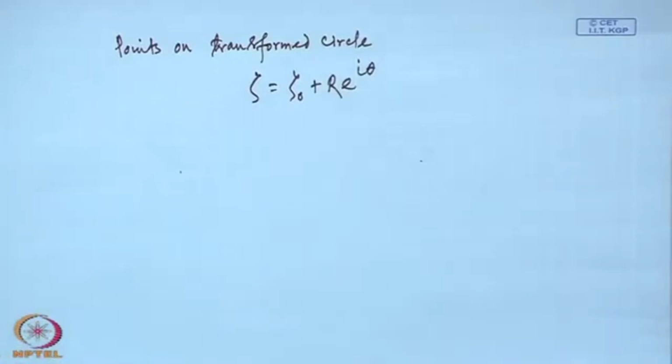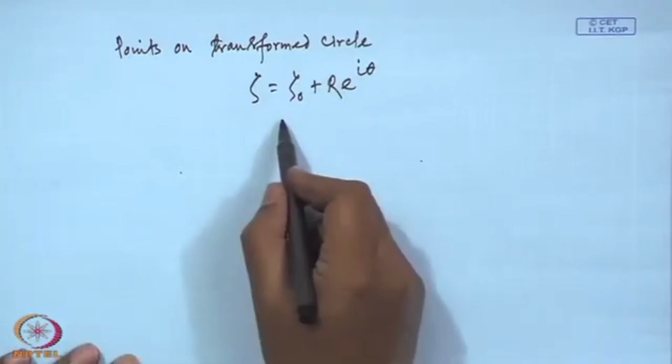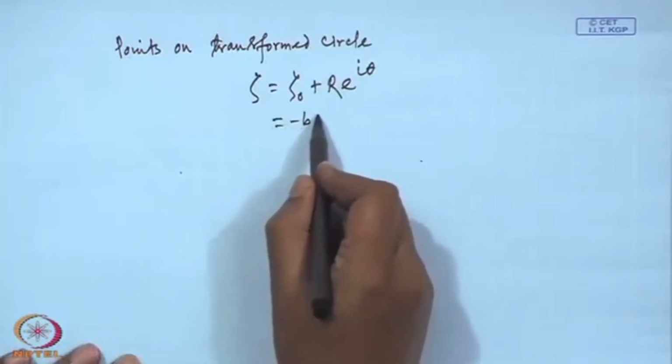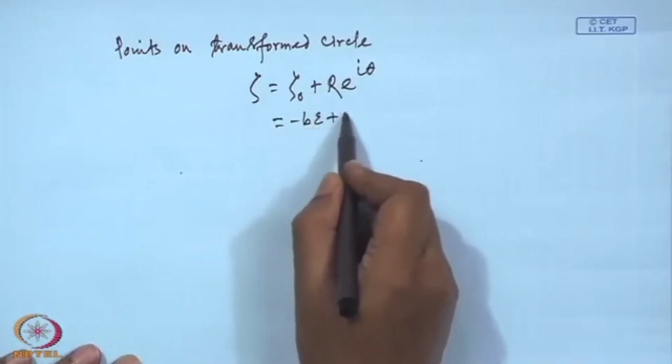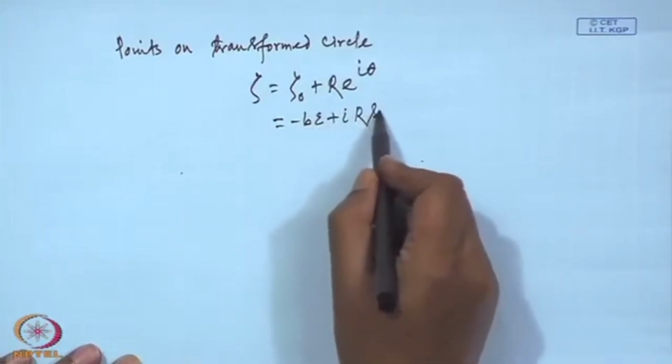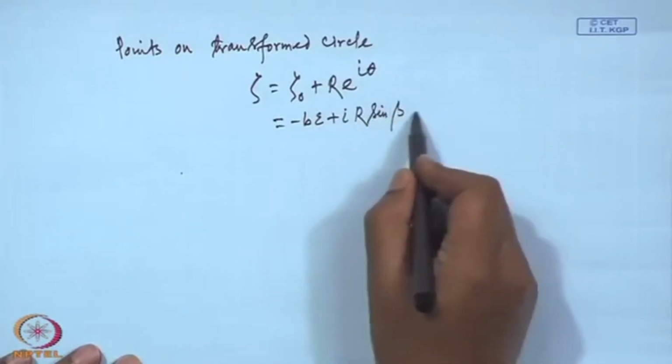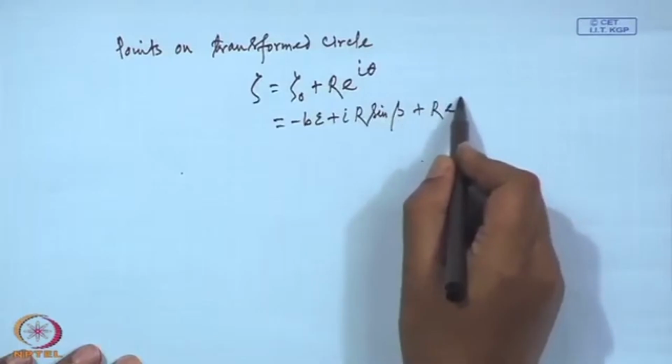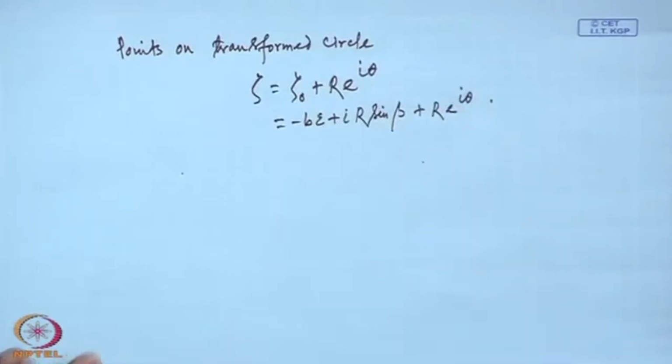What is zeta naught? Zeta naught is minus b epsilon plus I r sin beta, plus r e to the power I theta.